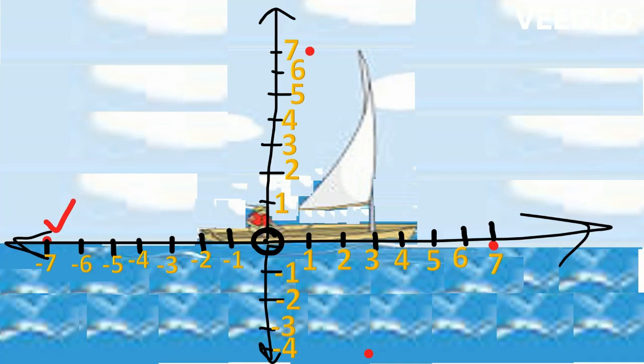To go to this point, he can go backwards 7 units. So if he has to go here, he has to go 4 units backward and then 4 units downward.